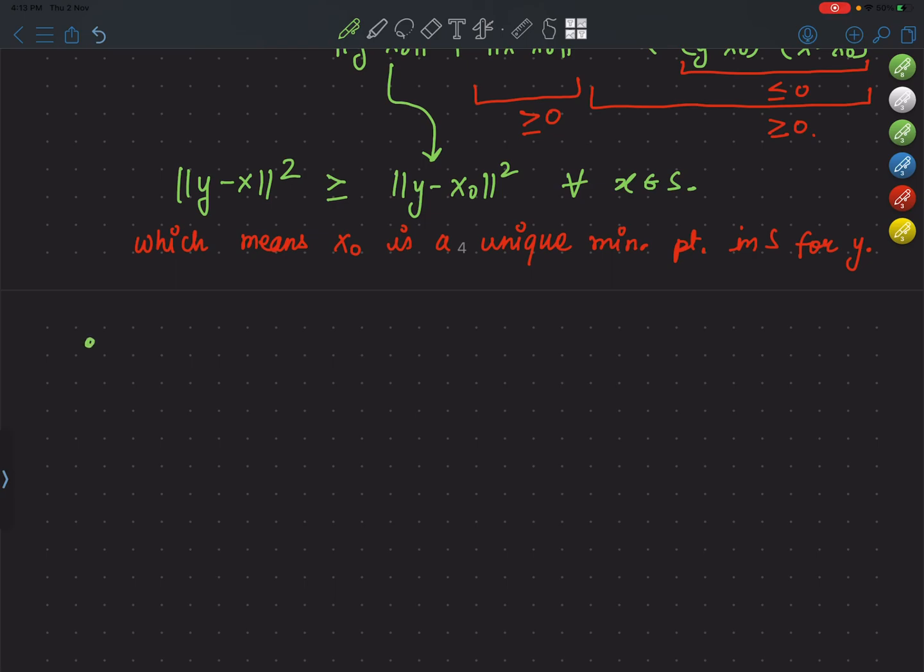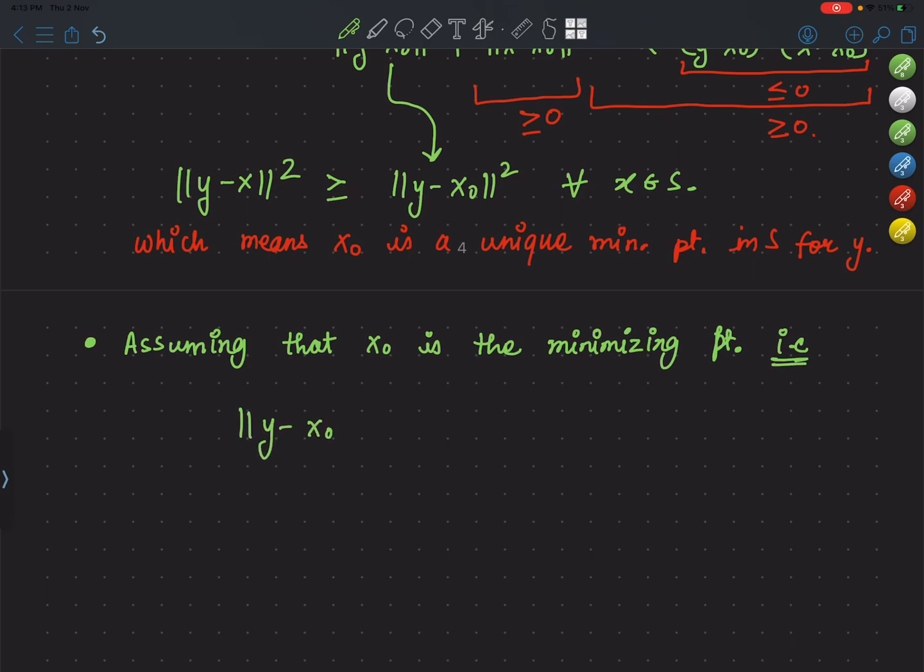So assuming that x₀ is the minimizing point, which means mathematically that ||y − x₀||² is less than or equal to ||y − z||² for all z belonging to S. So this is what minimizing is.